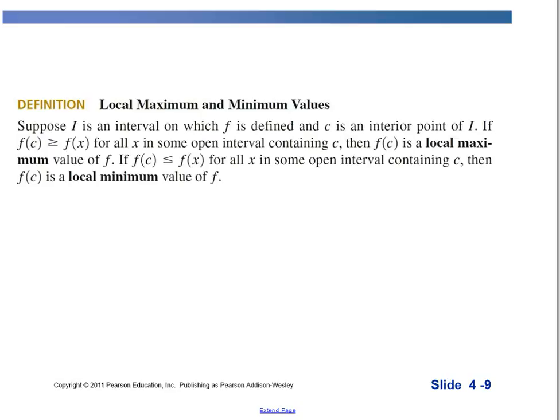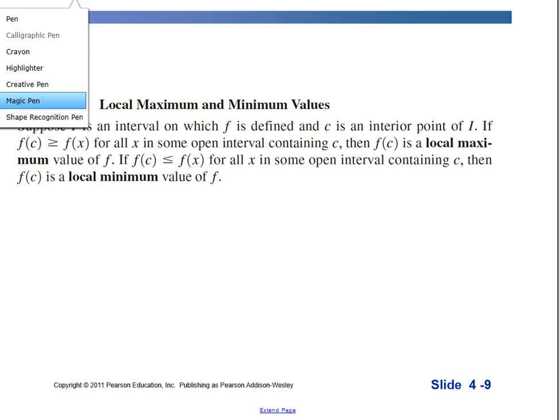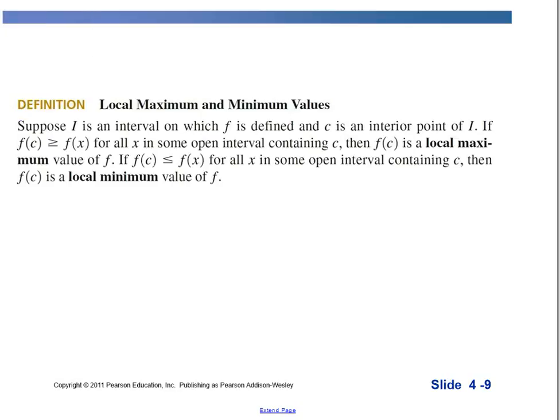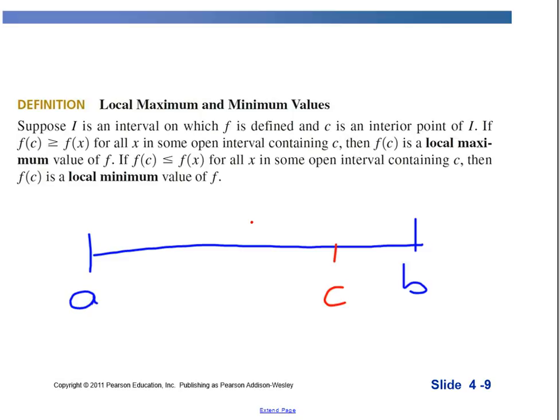Okay, so C is an interior point. So if we have a segment of the graph from A to B, then C is some point inside. Doesn't matter where it's at. It could be here, it could be here.